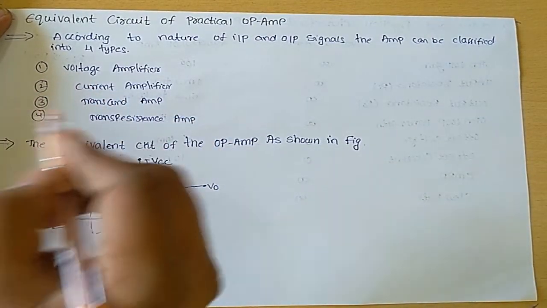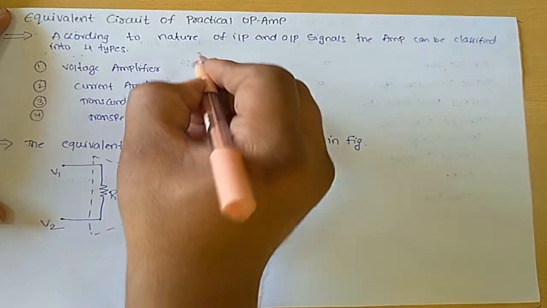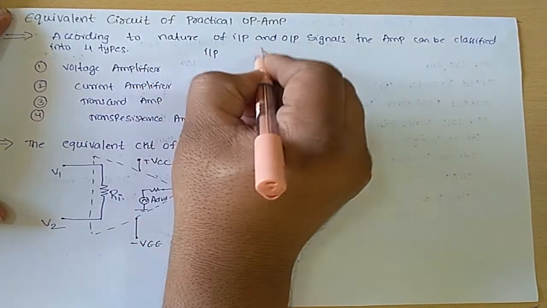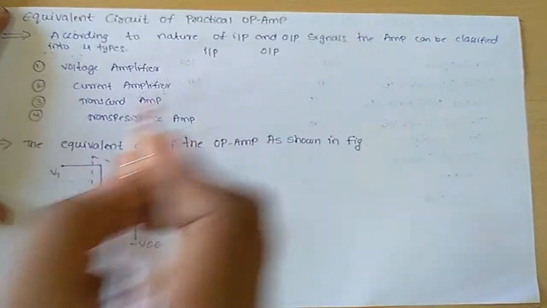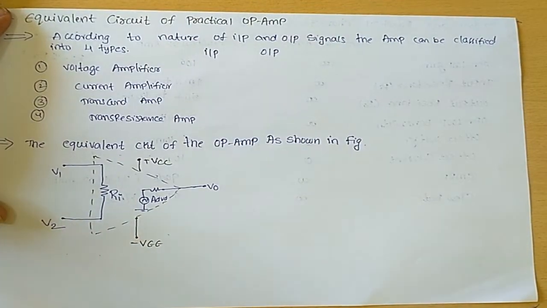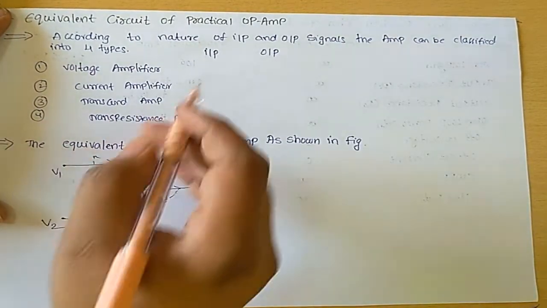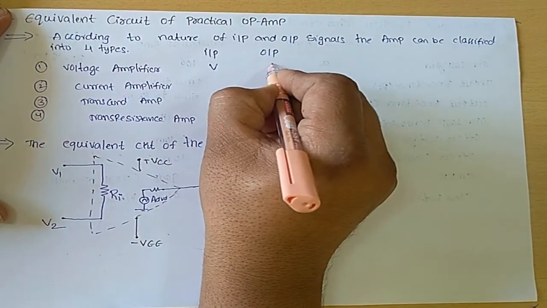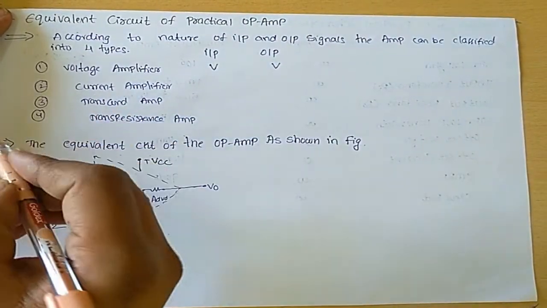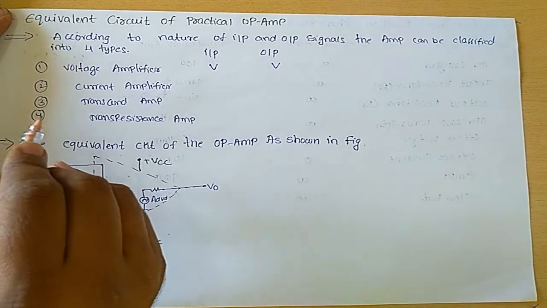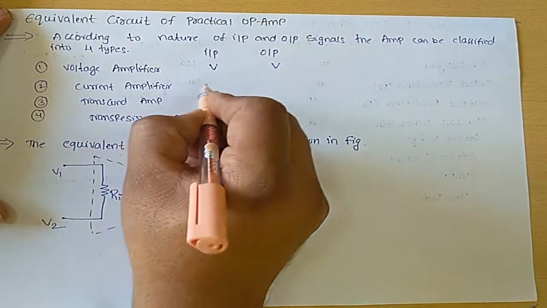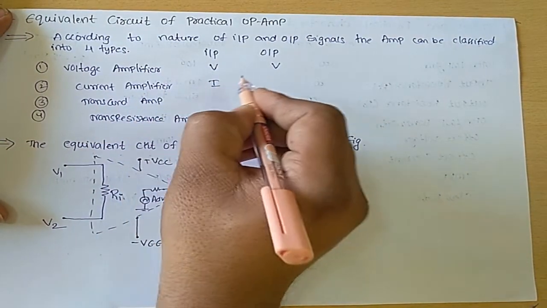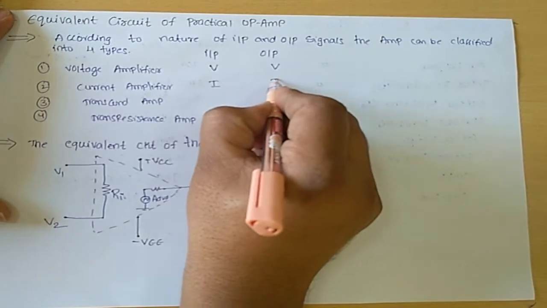These amplifiers are classified based on the inputs and outputs. For example, the voltage amplifier input is a voltage signal and the output is also a voltage signal. The current amplifier input is a current signal and the output is also a current signal.